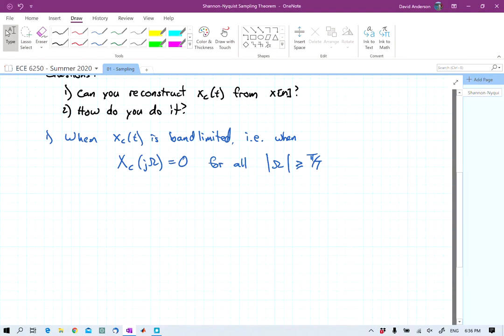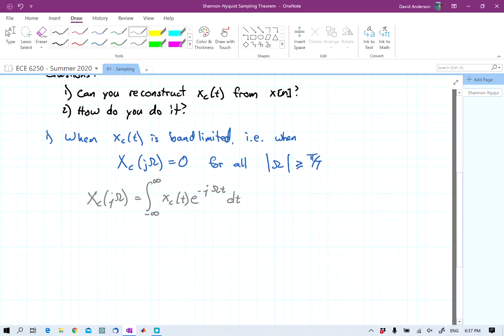So first, let's go in here and define what X_c, that's a capital X, j omega, really is. This is the continuous time Fourier transform, defined as the integral over all time of x, the signal, projected onto this.